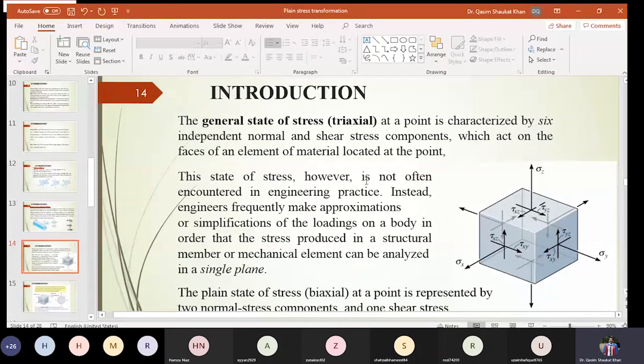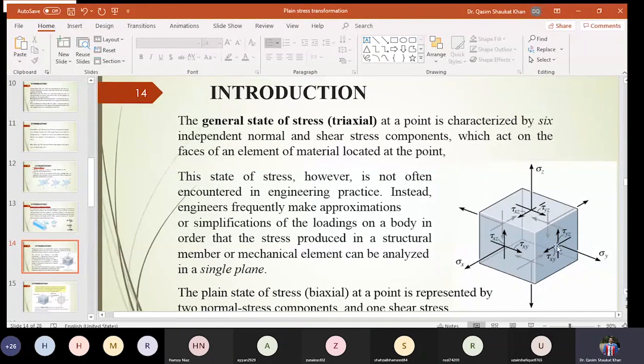Now, another point which I want to discuss with you here: this is a three-dimensional element, so it has six faces. So this is face X. The complementary face of this is this one. So that's why they have shown the complementary normal stress of this.